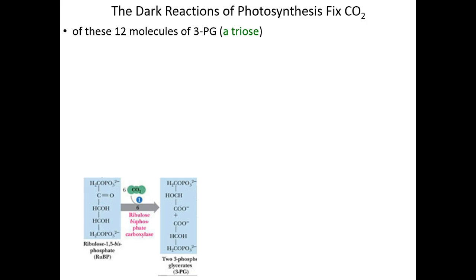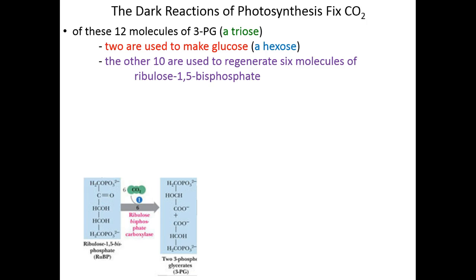Now, of these 12 molecules of 3-PG that we have made, 2 are going to go off and make glucose, a 6-carbon sugar. The other 10 remaining 3-PGs are going to be used to regenerate the 6 molecules of ribulose 1,5-bisphosphate that we just started with a moment ago.